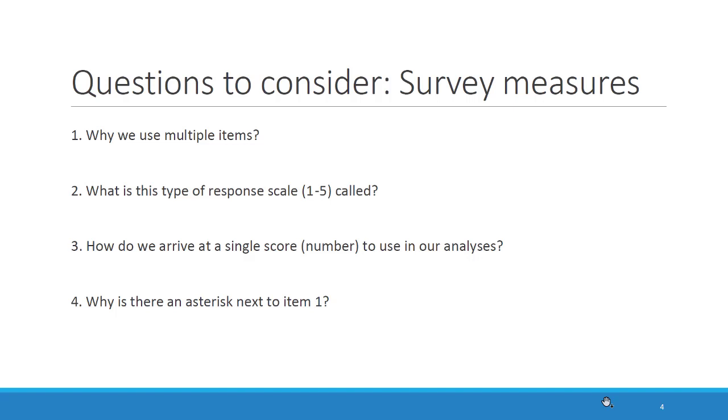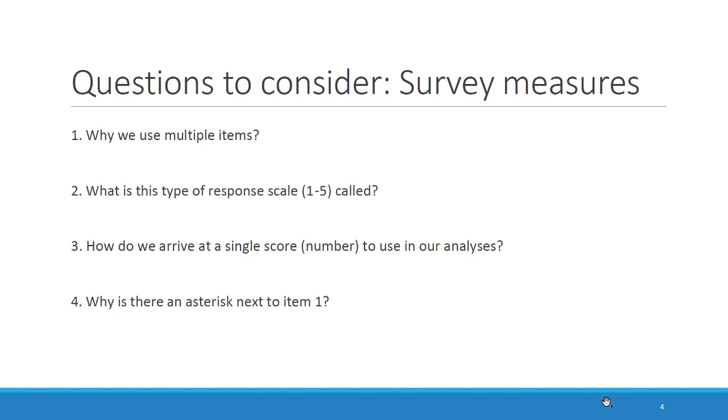So maybe they misread a question, maybe they weren't paying attention to a question. So by asking something similarly more than once, we can be more confident that their answers are a true representation of what they intended to be, particularly if they have good internal consistency reliability, which we'll talk about in a few minutes.